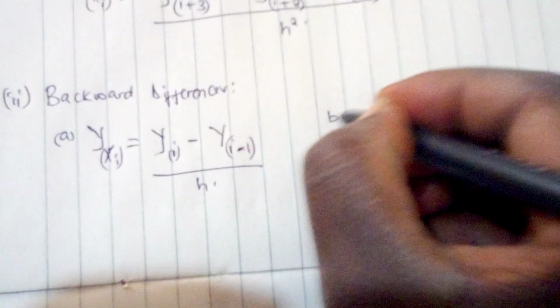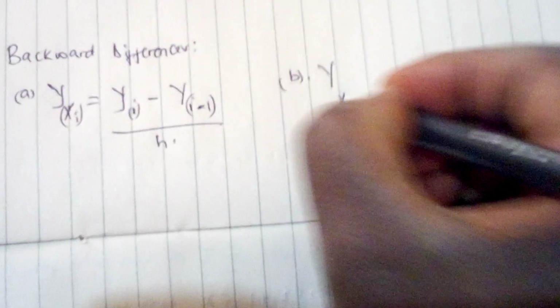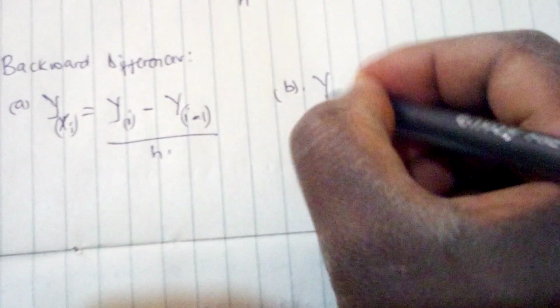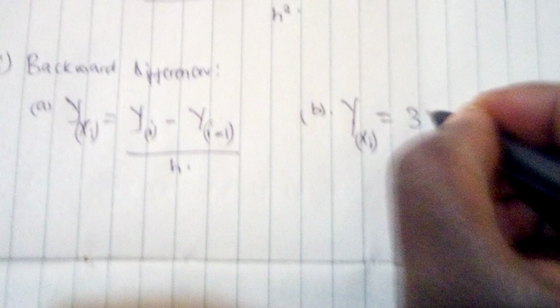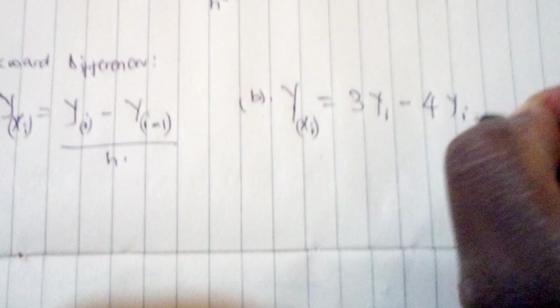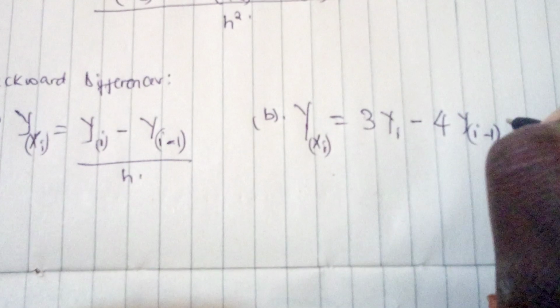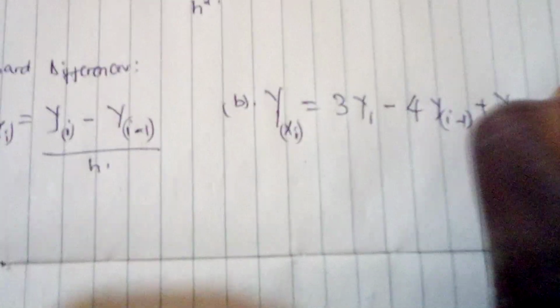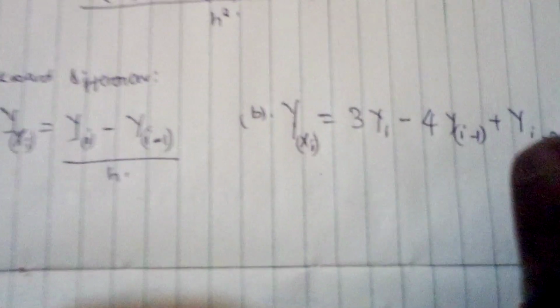Then we have B, we have y prime xi is equals to 3 y i minus 4 y i minus 1 plus y i minus 2.